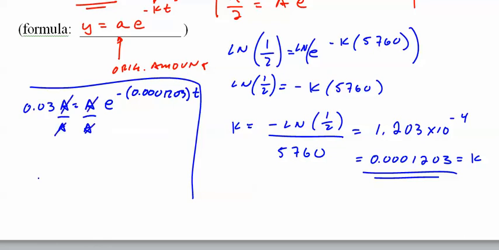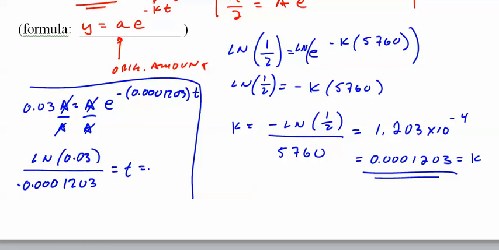Take natural log of both sides. Divide by negative 0.0001203. And it tells us approximately 29,000 years ago.